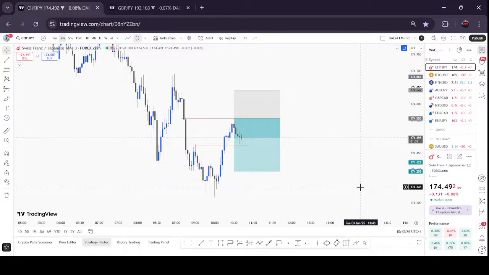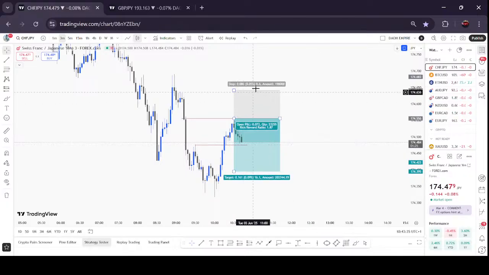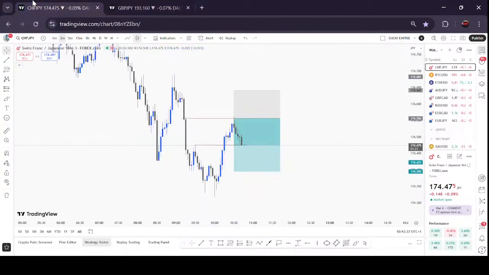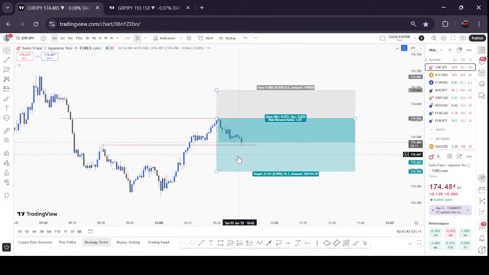Come on. Once this level is broken, trust me, I'm adding another position, ladies and gentlemen. You can see it's about to take out that level. Let's go to 1 minute time frame.